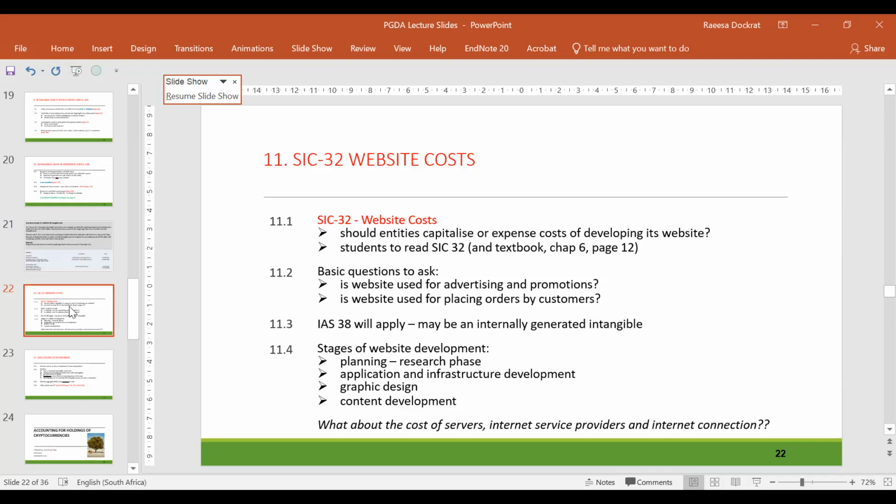And it is identifiable. So a website can be sold off from the company. Let me give you a basic example: someone can create a page with a lot of followers on Facebook or Instagram, and then they can say, okay, they'll change this page name and sell it off to you.